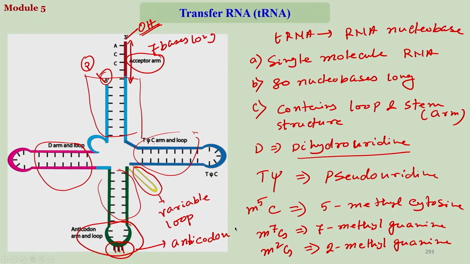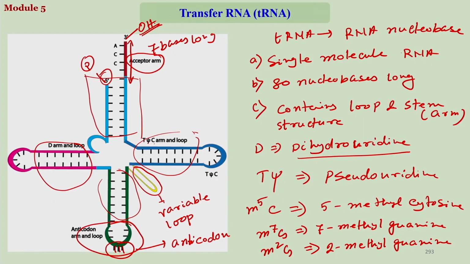Now you can guess what I am going to say. The anticodon is complementary to the codon I have talked about in the mRNA. The mRNA has specific codons, and the tRNA has anticodons. If the anticodon is complementary to the codon, then that tRNA would hybridize to the mRNA, and that tRNA is of course carrying a specific amino acid.